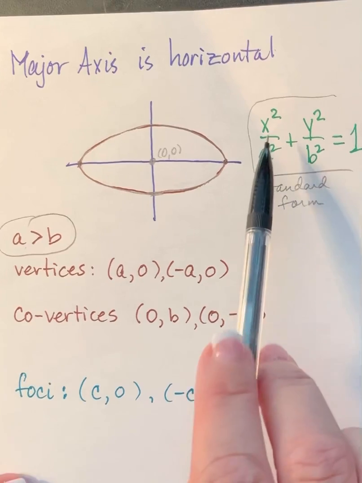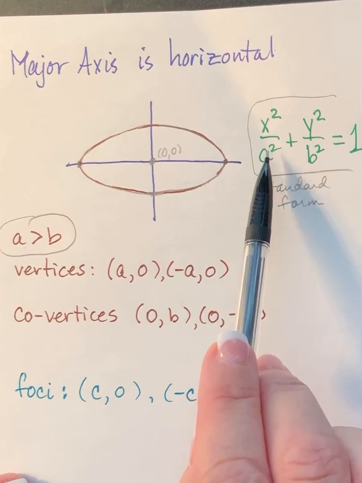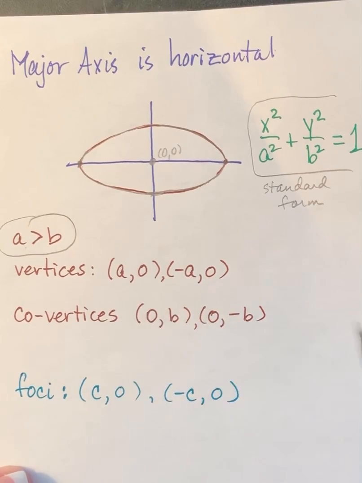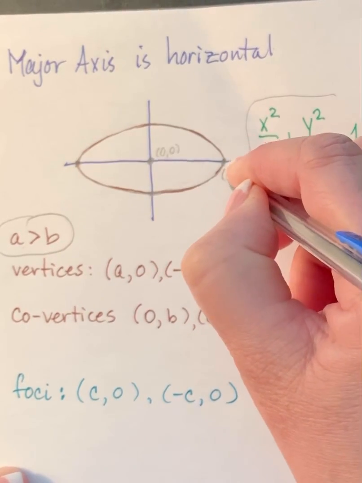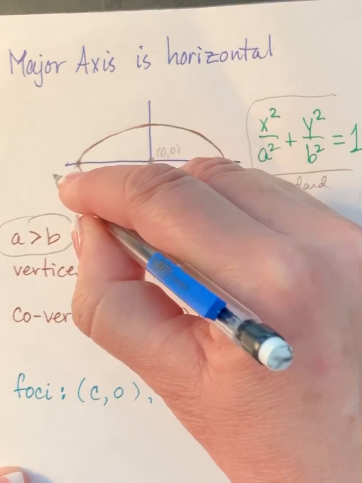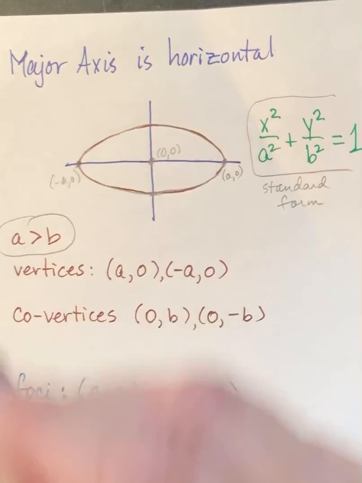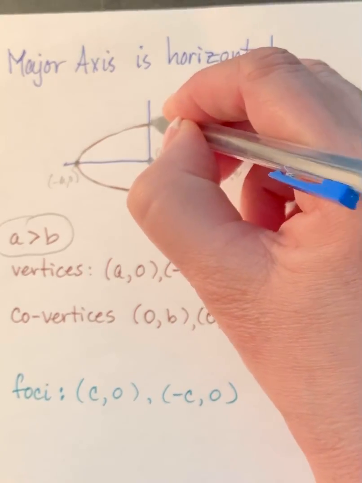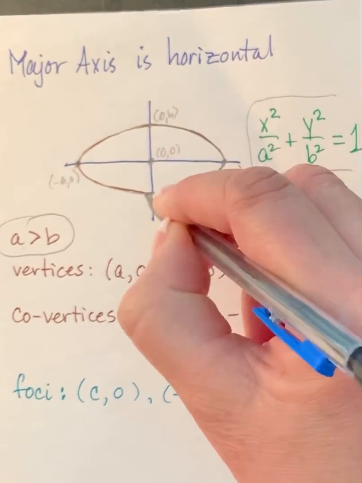Okay, when this is your equation and you have a squared here, the vertices are going to be at a comma 0 and negative a comma 0. So here's a, 0 and then here's negative a, 0. And then the co-vertices are going to be at 0, b and 0, negative b.